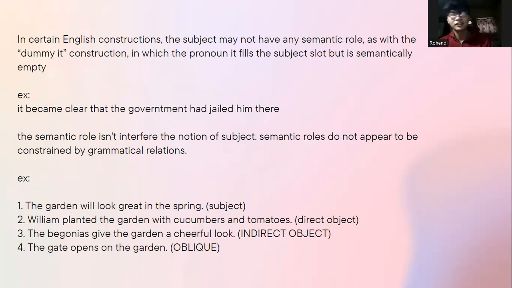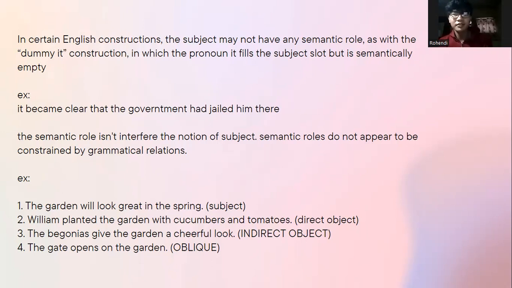For example, "It became clear that the government had jailed him there." It di sini tuh harus ada di awalannya gitu. Jadi di sini nothing, but we can see that the government had jailed him there. The government becomes the agent here.